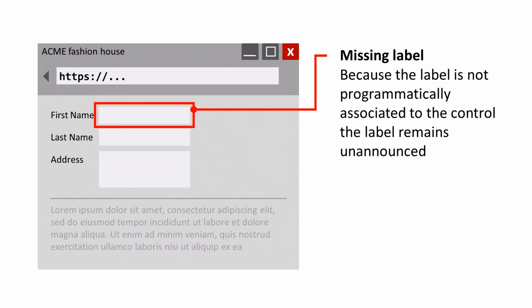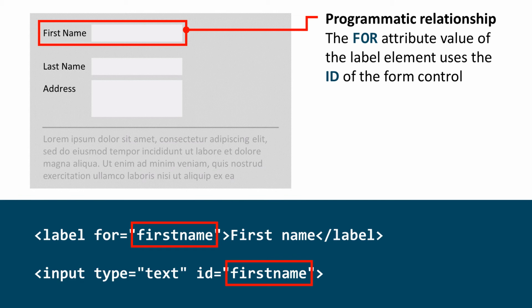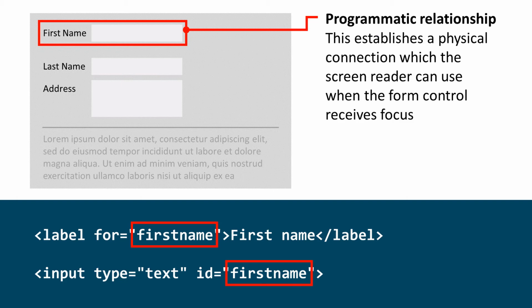Creating a relationship between a label element and the input control overcomes this by using the for attribute on the label element with the ID of the form control. In this example, the ID of the input control is first name, and this is the value in the for attribute on the label. A programmatic relationship is then created. This establishes a physical connection which the screen reader can use when the form control receives focus.